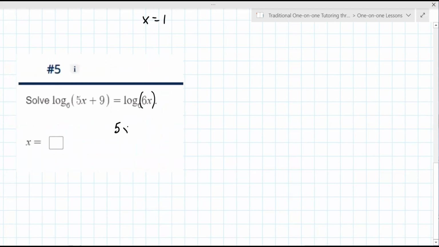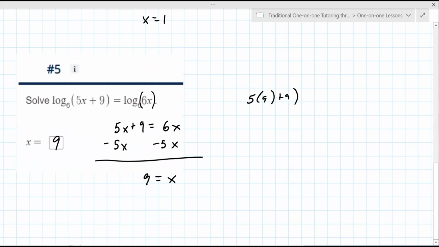You set 5x plus 9 equal to 6x. This time when you subtract 5x from both sides, you get 9 equals x. That's your final answer. Now we can check that. 5 times 9 plus 9 is 54, and 6 times 9 is also 54. So you can see how those are the same.